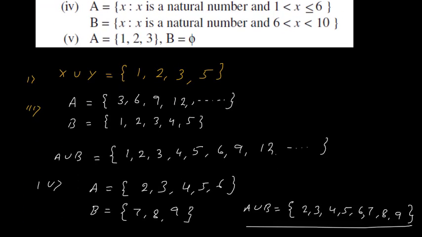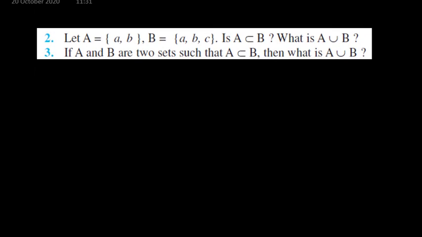Now let us move to the next problem. A and B are given. Is set A a subset of B? Yes, it is clear. So your answer will be yes, A is a subset of B. What is A union B?